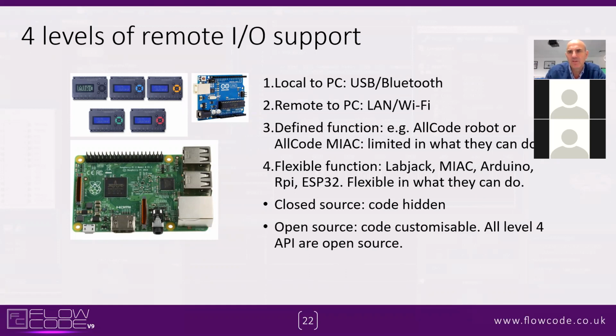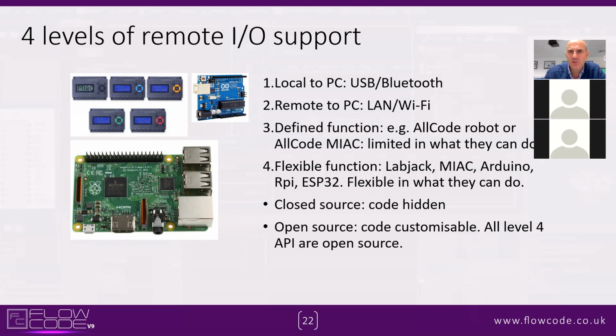A flexible function is something like a LabJack or an Arduino. And here you're given connections to a microcontroller, and you can say, okay, turn port A bit 3 on, or get an input from port A bit 3, and it's up to you to define what those functions are.